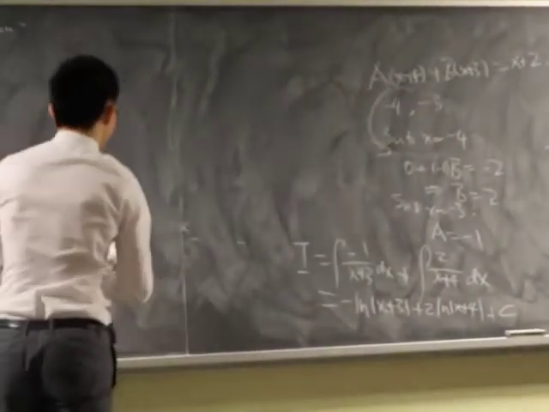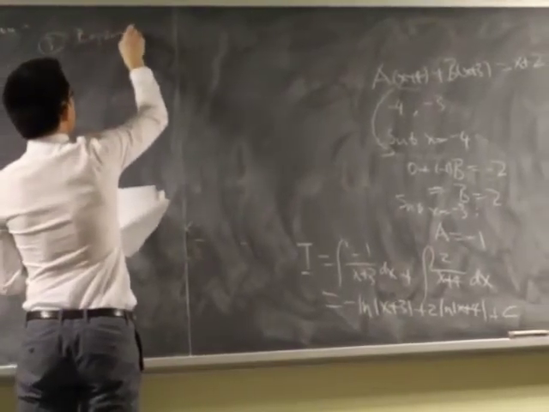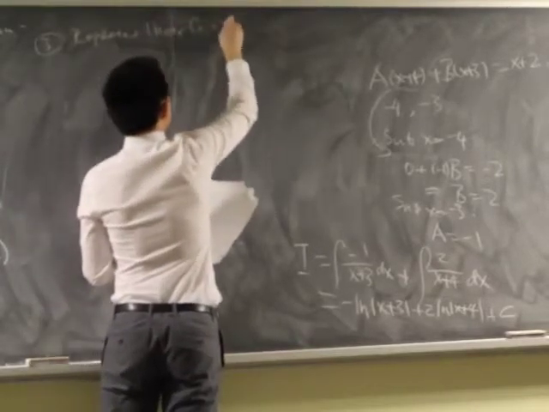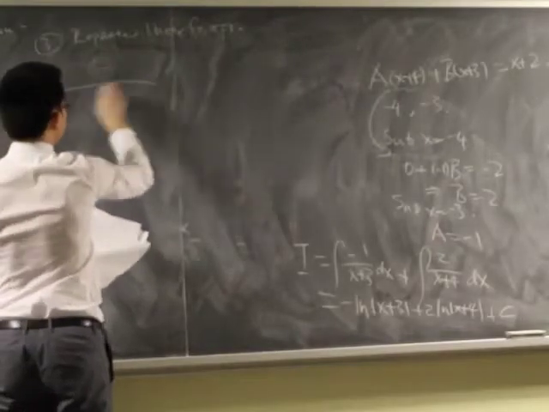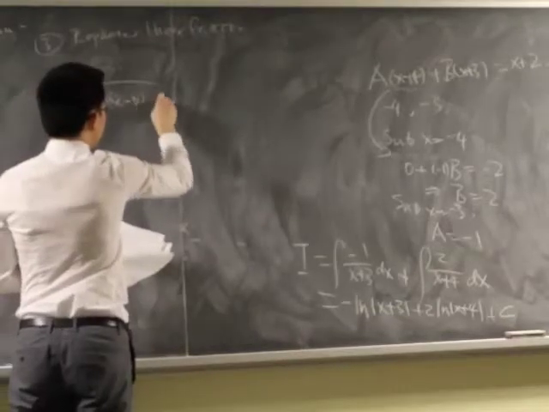Okay, so the rest of the cases are the exact same. Repeated linear factors. So suppose we have something like a over (x minus a) to the power of n times (x minus b).